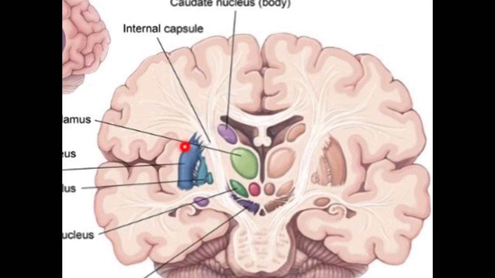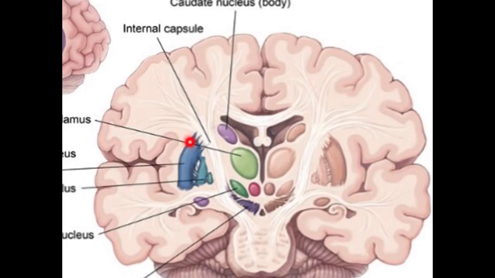And what is lateral to the internal capsule? This outer blue part, this thick part, is the putamen. Then there are two more bluish structures that are part of the globus pallidus. The outer part is the external part and this is the internal part. The outer part is called globus pallidus externus and the inner part is called globus pallidus internus.